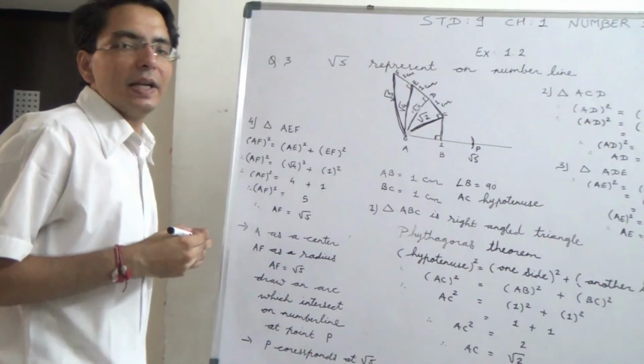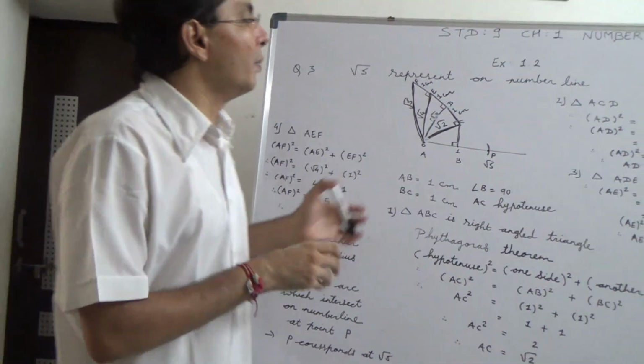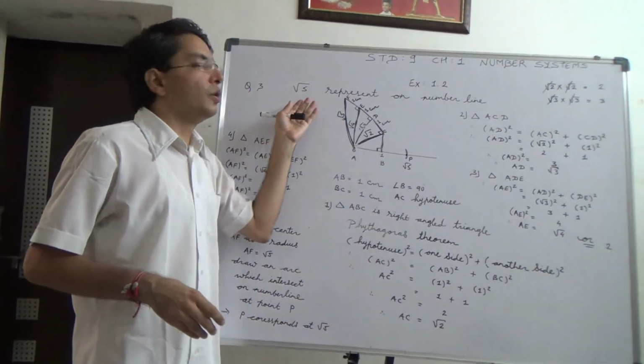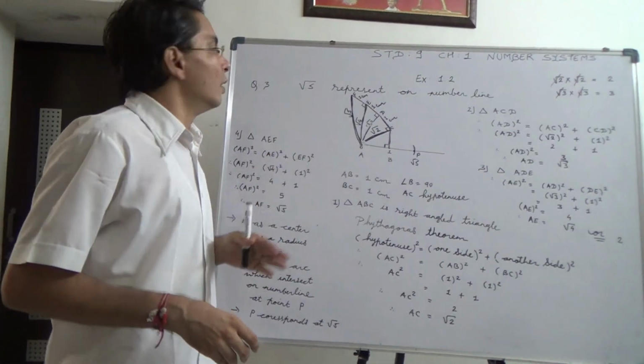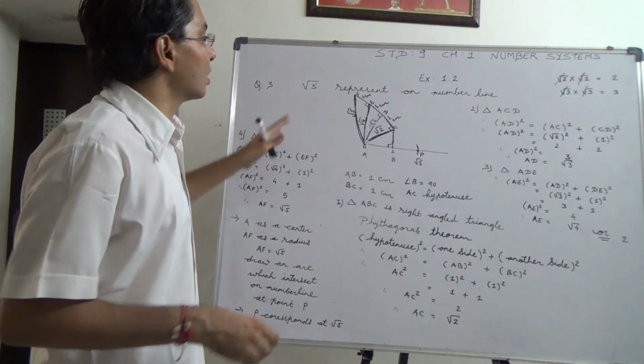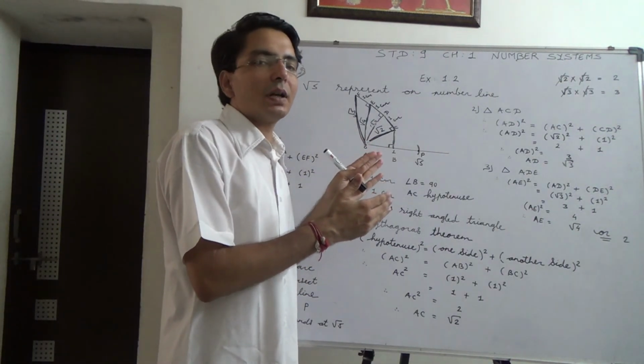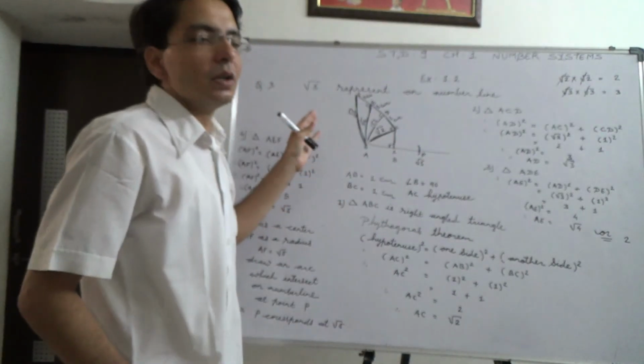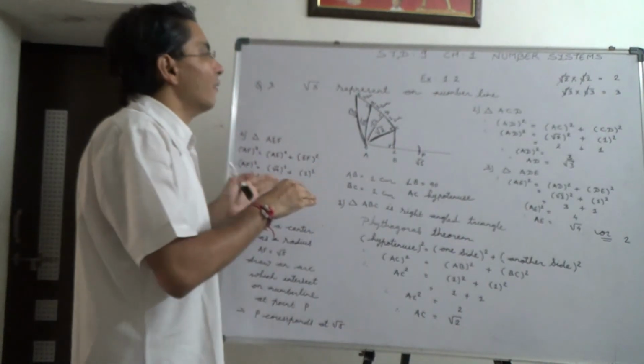So I think the whole method is covered here, and there is another method you have to solve. The question is the same, but if you want to solve it by another method, we will discuss it in our next video.